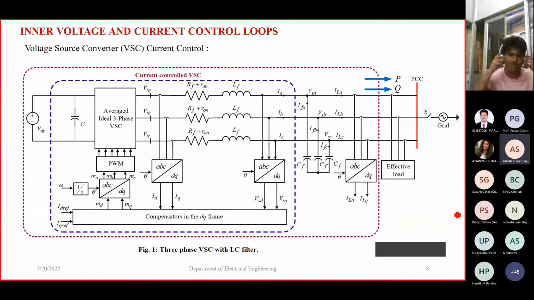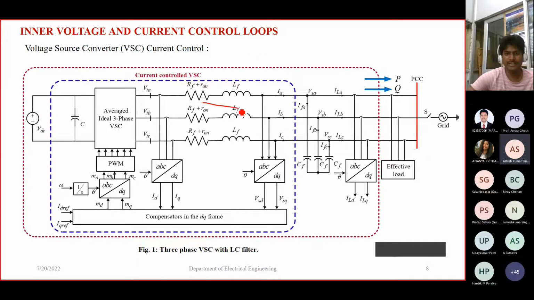Next, I will explain the three-phase voltage source inverter with LC filter. First I will explain how to simulate the single inverter in islanding mode. Later I will explain about the parallel inverter or grid forming inverter. Figure 1 shows the three-phase voltage source converter with LC filter.